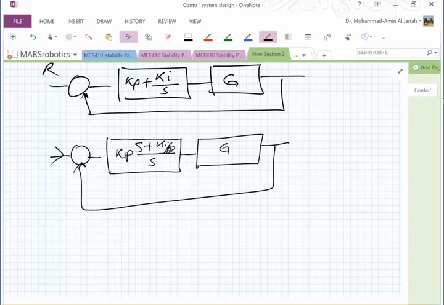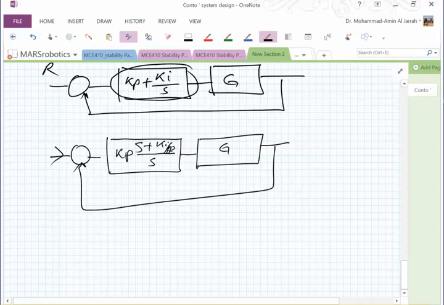How did I get KP plus KI over S? Well, I took KP out.